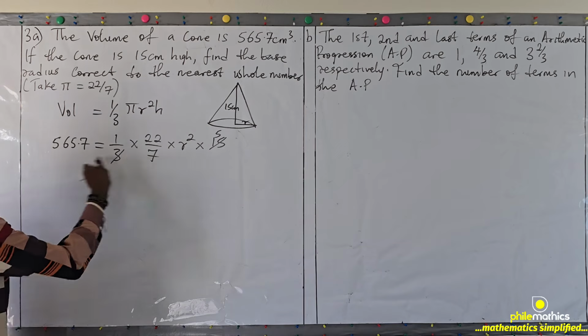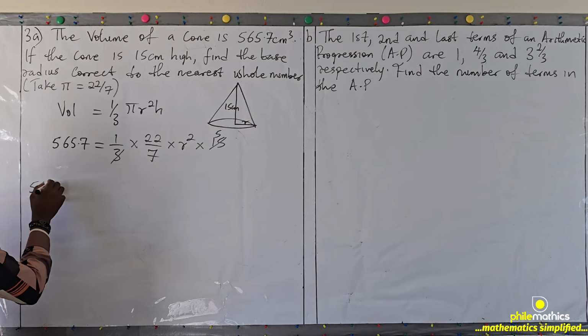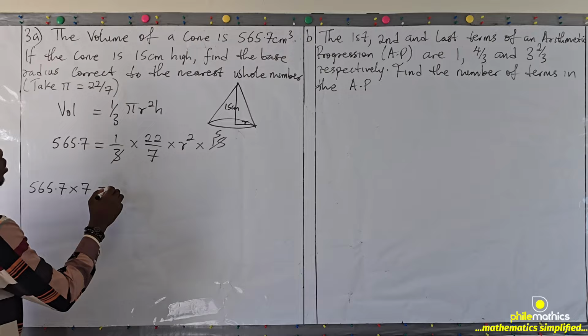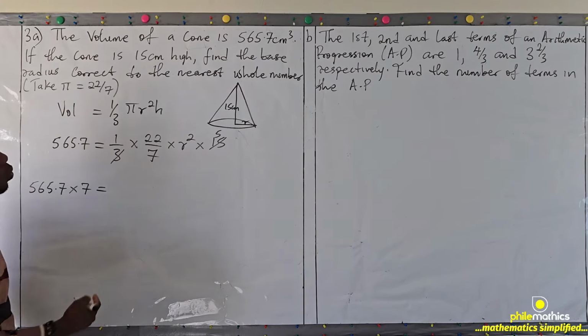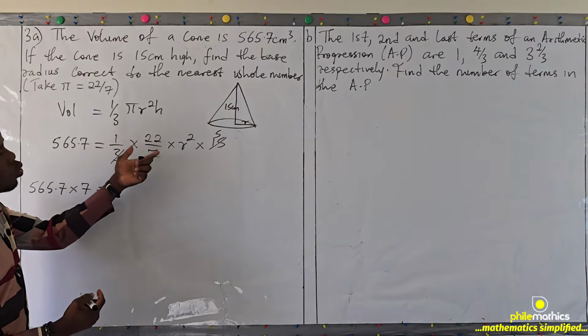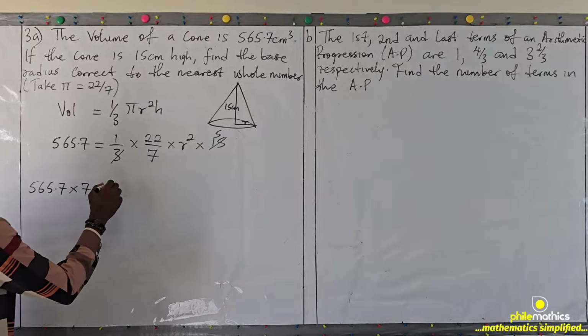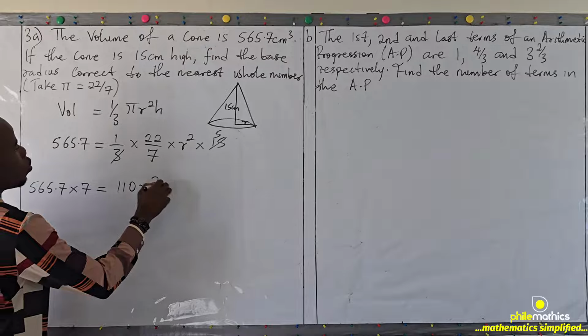I can multiply both sides by 7. So I'll have 565.7 times 7 equals 5 times 22. 5 times 20 is 100 and 5 times 2 is 10. So this is 110. So this is 110 r square.